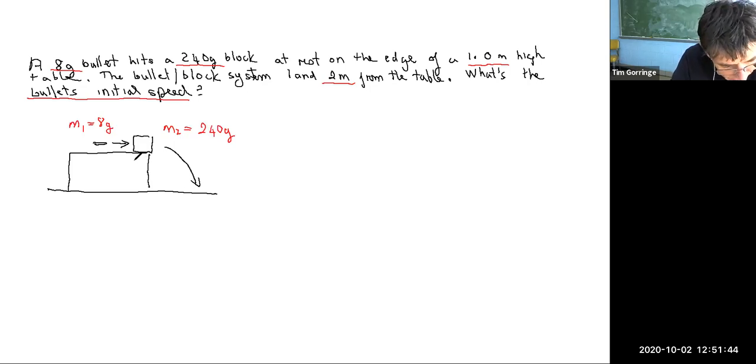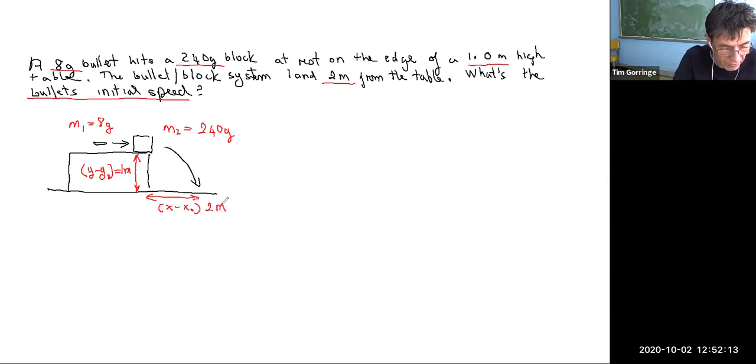And then the vertical height of the table, that's 1 meter. I'll call that y minus y naught. And the horizontal distance traveled, I'll call that x minus x naught. That's 2 meters.